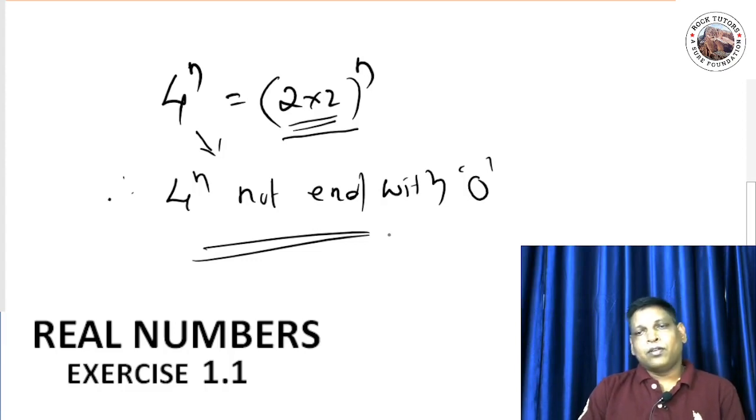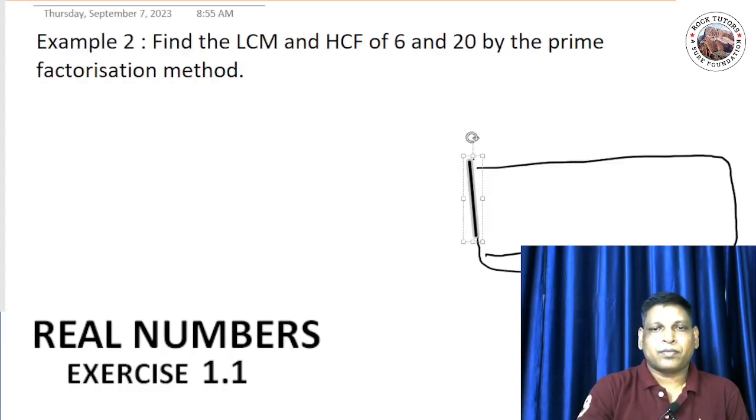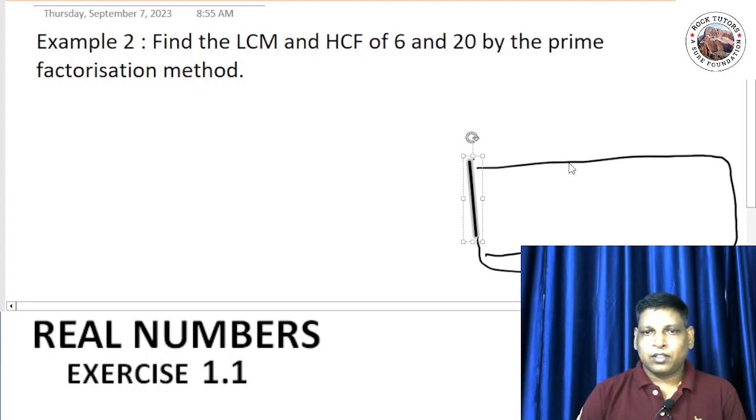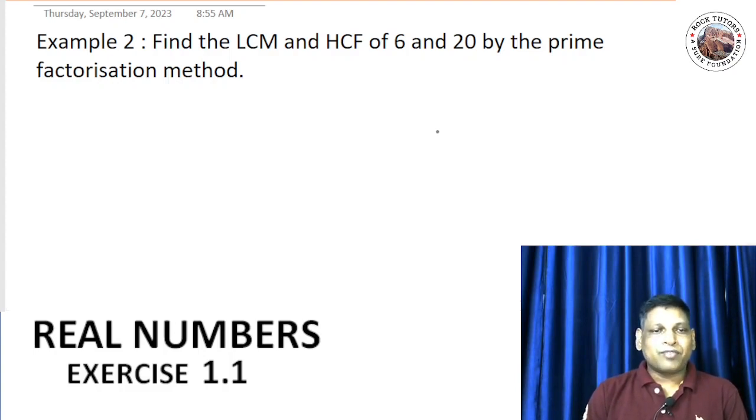One more example we'll see here. Example number 2: Find the LCM and HCF of 6 and 20 by the prime factorization method.